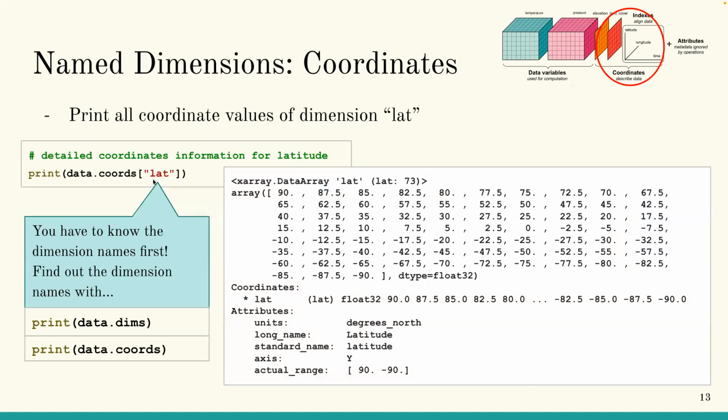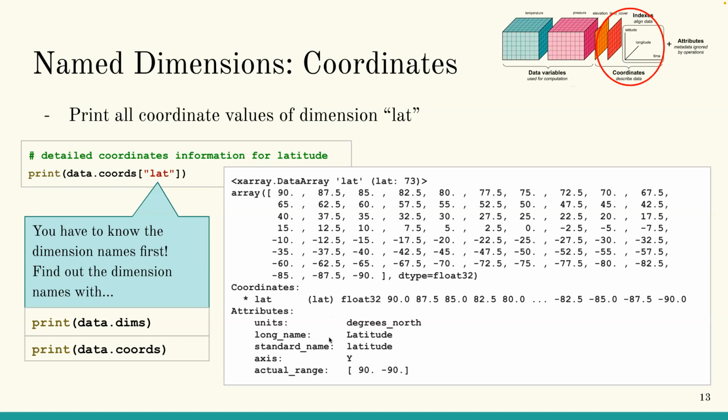So you use LAT as the string and put it inside your square brackets. It will know that you want to print the latitude coordinates. So you're printing everything in here.